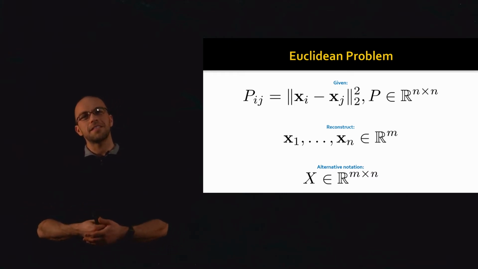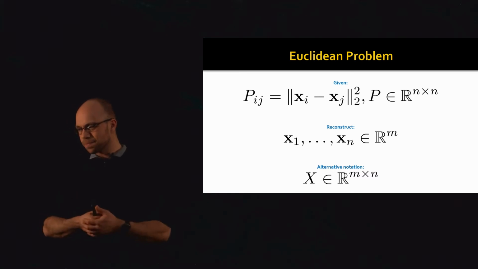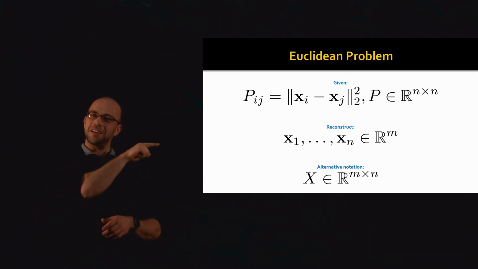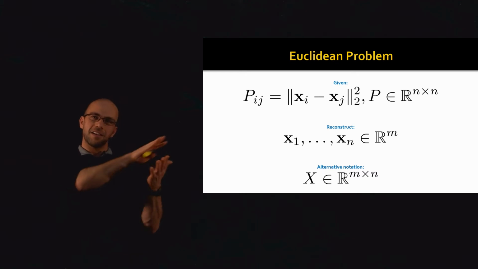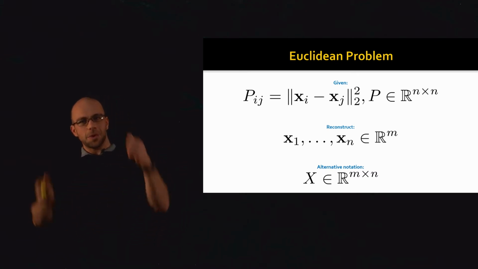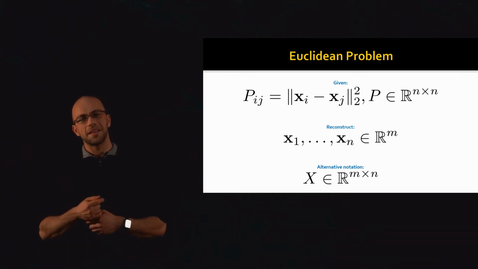So for instance, if I take the x's and I add a constant to them, well, what ends up happening? You know, so xi minus xj becomes xi plus c minus xj minus c. So adding a constant vector to our points doesn't affect their pairwise distance. In fact, neither does rotating them, for example, multiplying all the points by an orthogonal matrix.